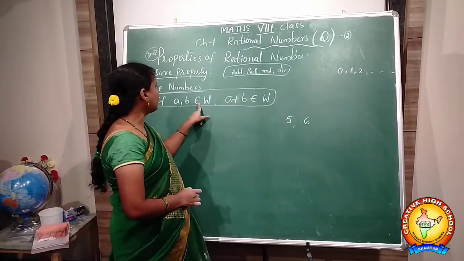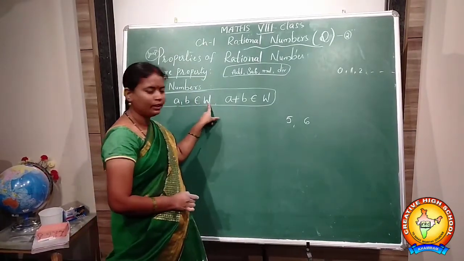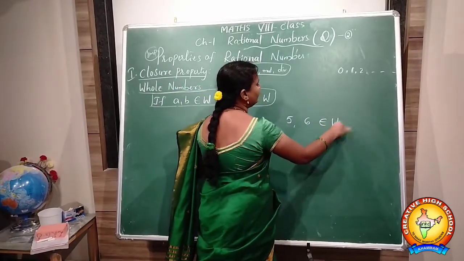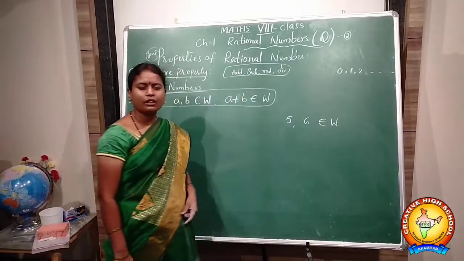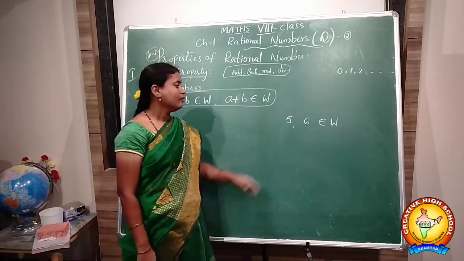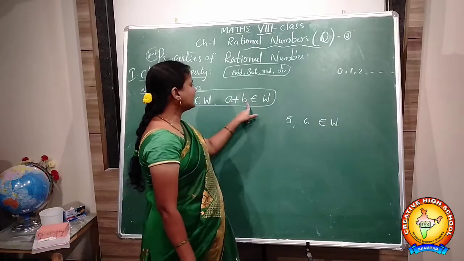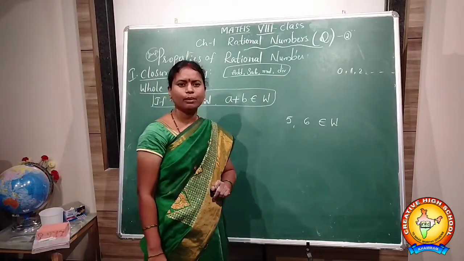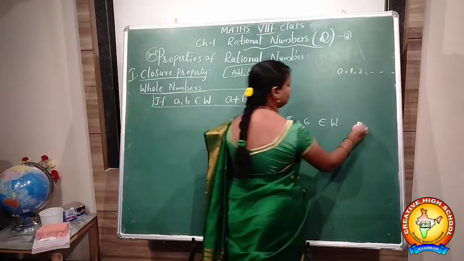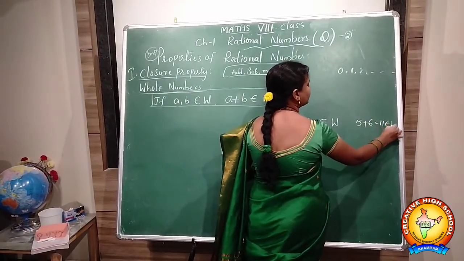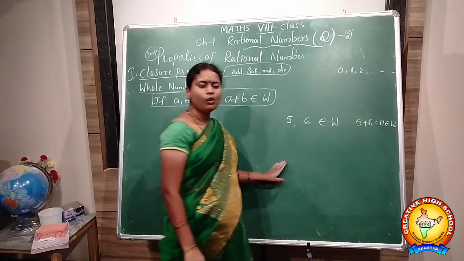Tell me, 5 and 6 belong to whole numbers? Yes. Then is a plus b also a whole number? See, what is 5 plus 6? Yes, 11 also belongs to whole numbers.